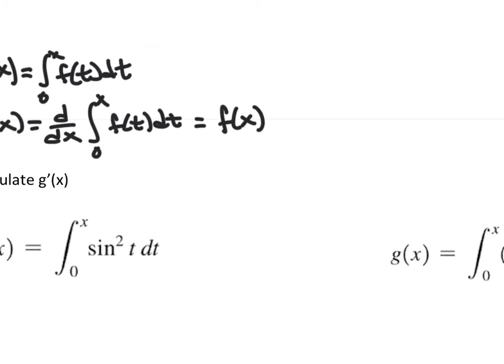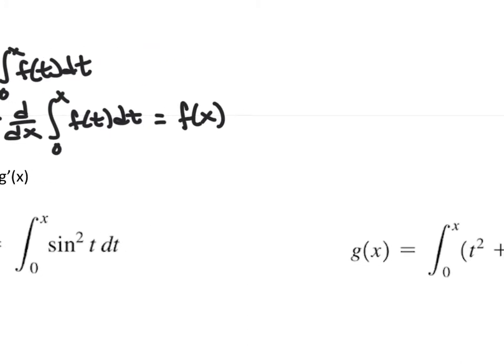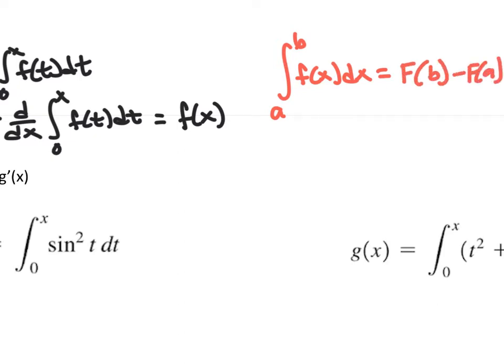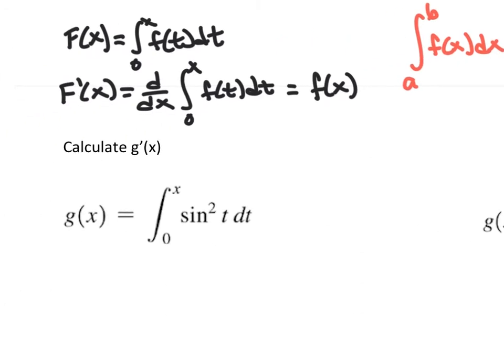The other one that we know is that if we want to evaluate an integral from a to b of little f of x dx, then that's just going to be big F of b minus big F of a. Okay, so we have those two things.